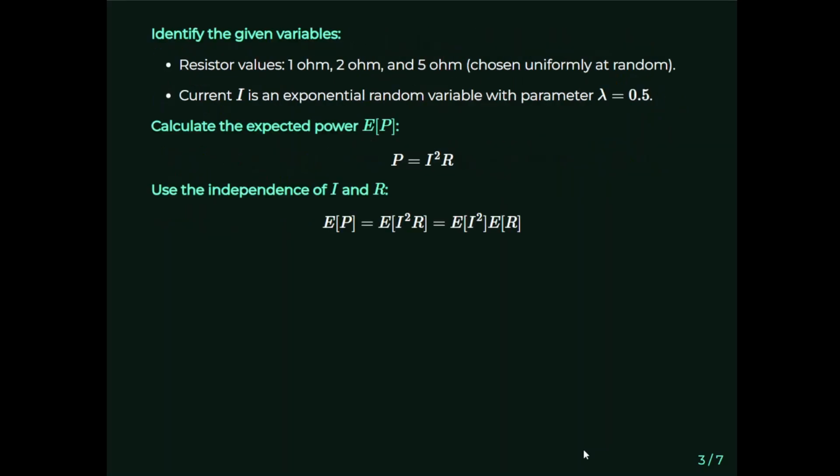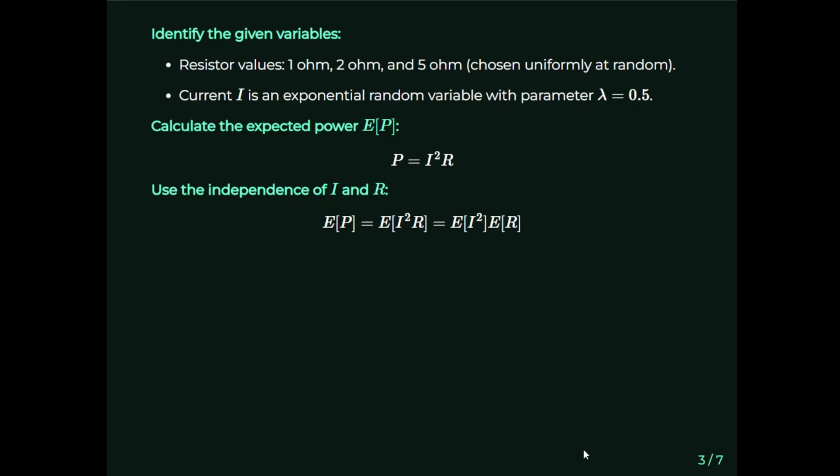So let's identify the given variables. First off, we have the resistor values, 1 ohm, 2 ohm and 5 ohm, chosen uniformly at random, which is to say equal probability of each. And the current I is an exponential random variable with parameter lambda equals 0.5.